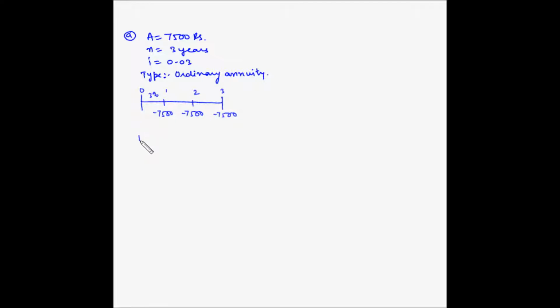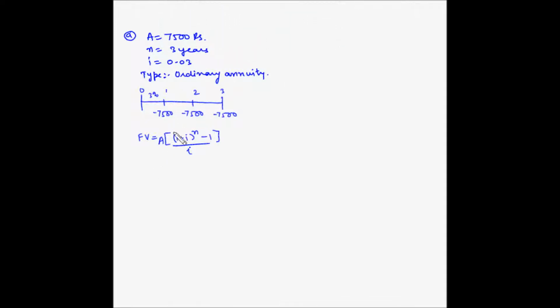Now the formula for future value is equal to (1 plus I to the power n minus 1) divided by I, and this is multiplied by the annuity amount, which is A. Now this is the formula for the ordinary annuity, where the amount is being deposited at the end of each period.